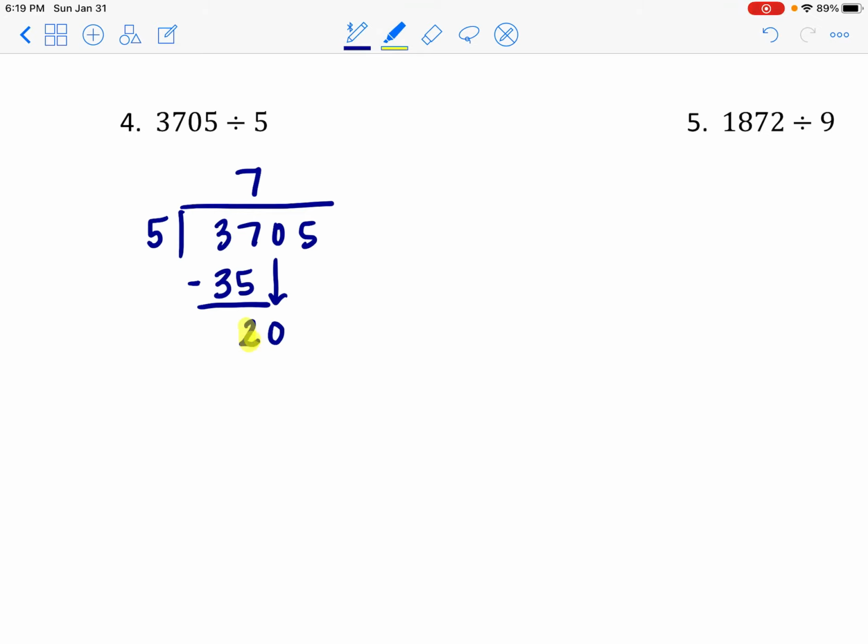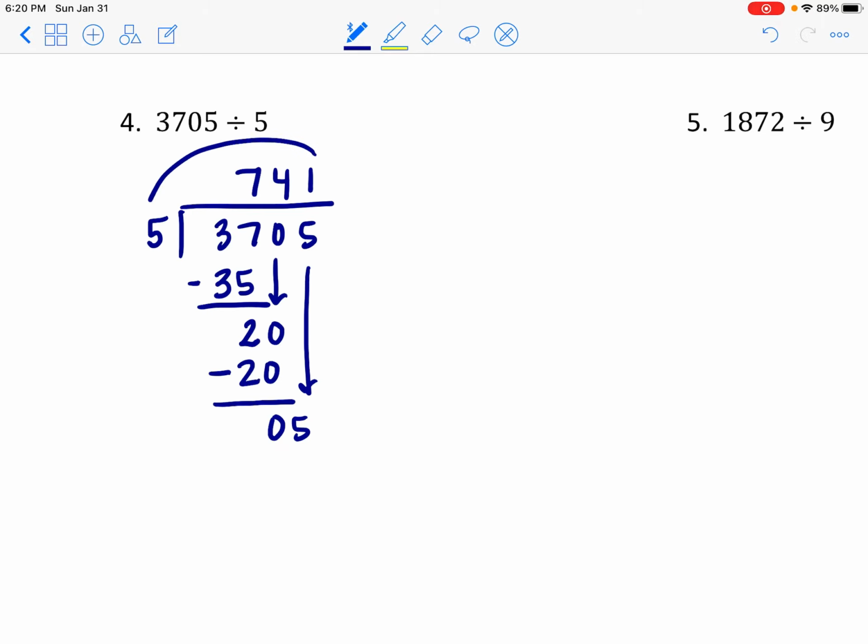So I'm dividing 20 by 5. 5 goes into 20 4 times, so 4 is the next part of my quotient. And then I'm going to multiply 5 times 4 to get 20, and then I'm going to subtract. When I subtract, I end up with 0. And then I bring down the 5, and I do it again. So divide, 5 divided by 5 is going to be 1.